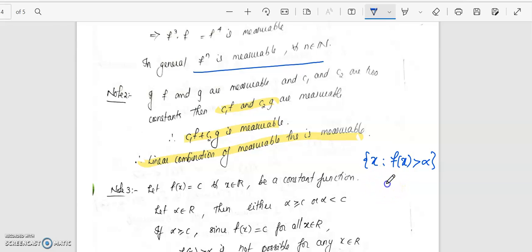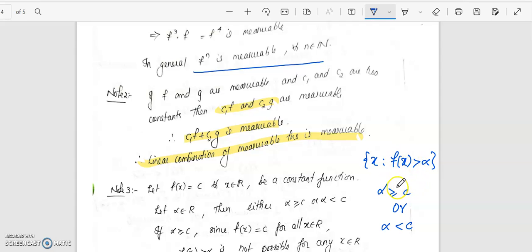Now when we take alpha, alpha can be greater than c or alpha can be less than c. Now f of x will be equal to c for all x belongs to R, since it is constant. Now take the case when alpha is greater than or equal to c. So f of x has the value c for all x values.